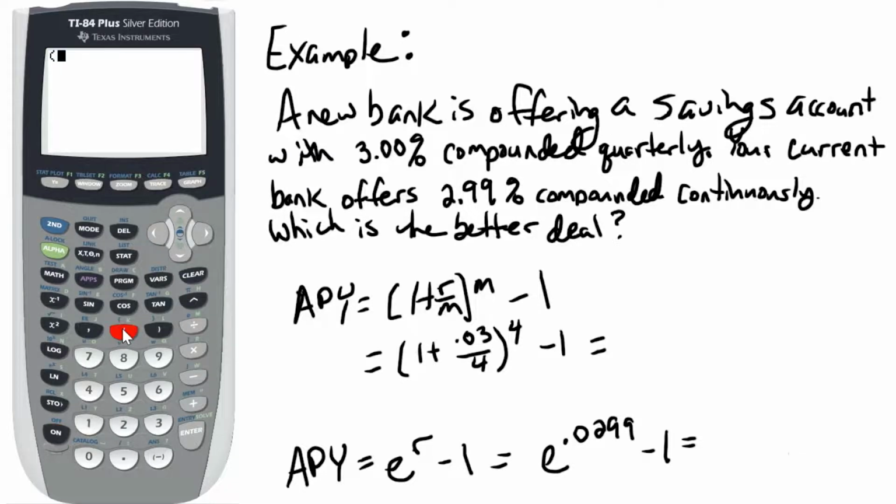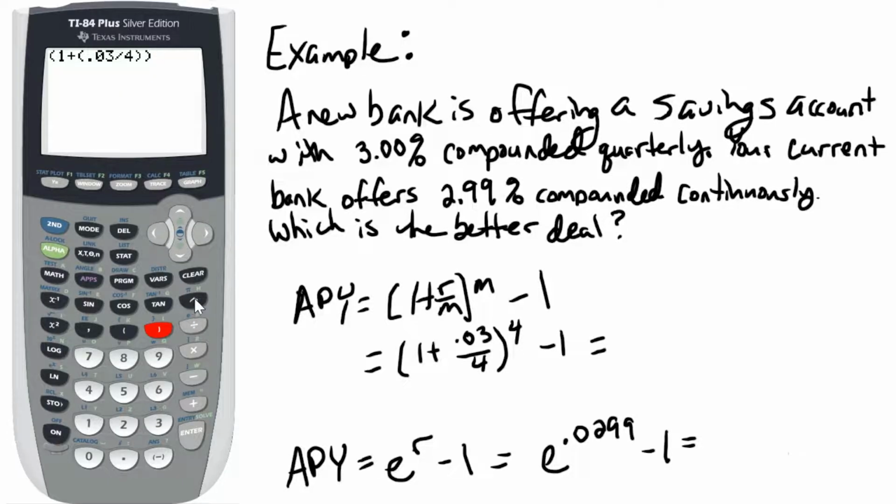So we've got 1 plus, and you notice I started with parentheses here. I like to be redundant with my parentheses just to make sure it's doing exactly what I tell it to. So 1 plus 0.03 over 4. I put the fraction in parentheses and then close it so that everything on the inside from my original problem is actually all in parentheses.